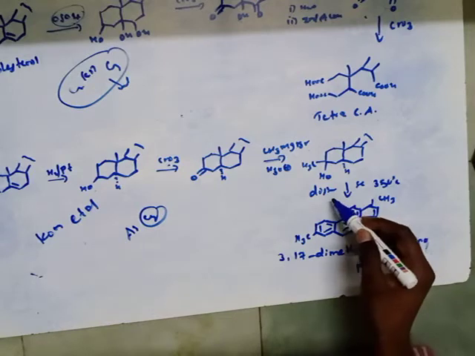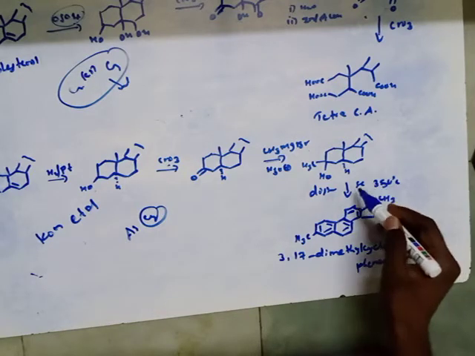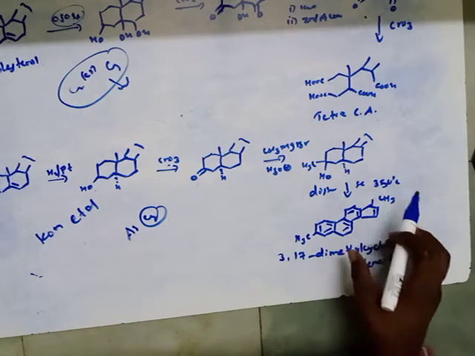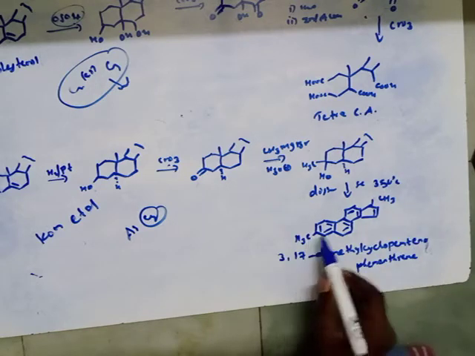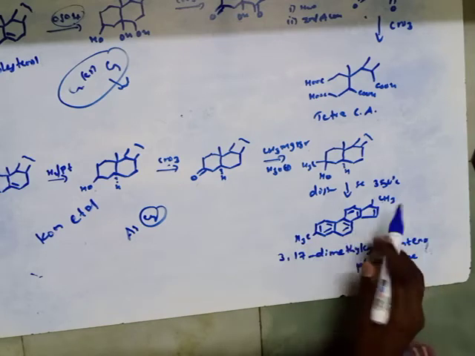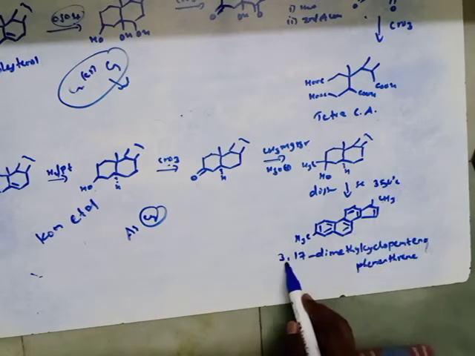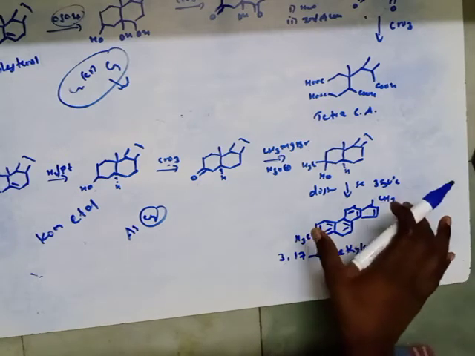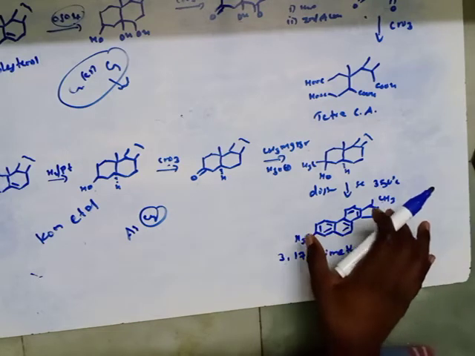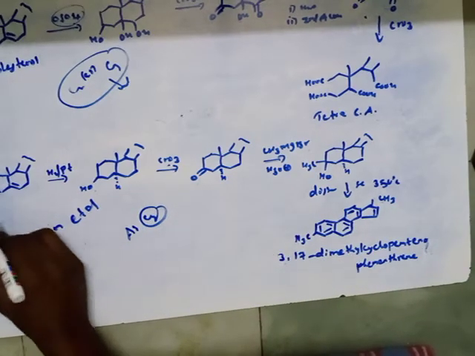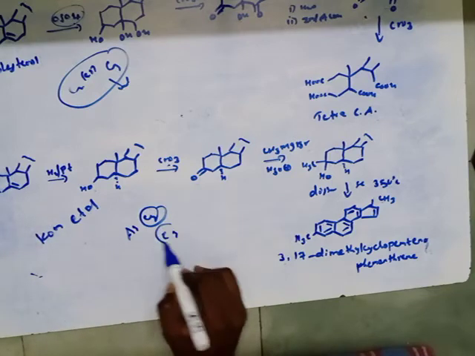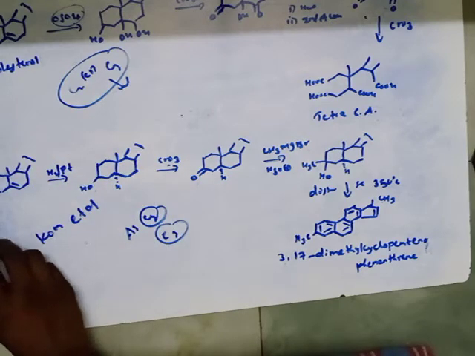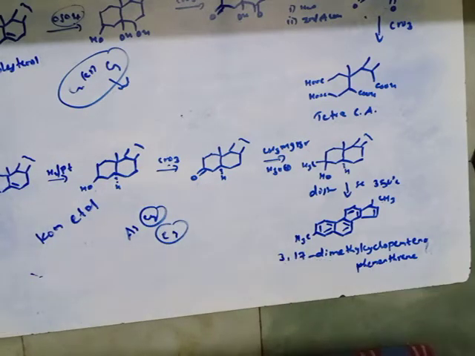On distillation with selenium, dehydrogenation takes place to form a molecule like this, where C3 and C17 indicate the positions of the methyl groups, that is 3,17 dimethyl cyclopentane phenanthrene ring. This confirms that the OH group must be at the C3 position, and from these two reactions we can conclude that the OH must be at C3.